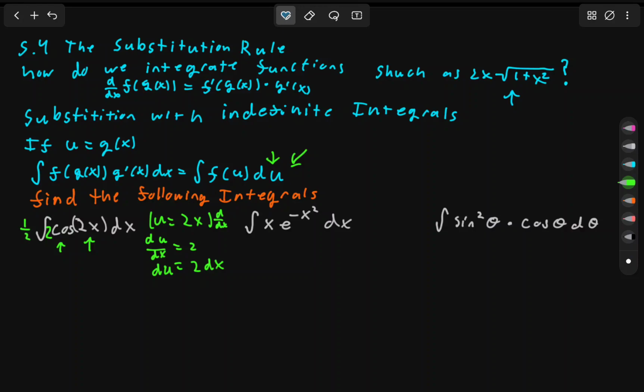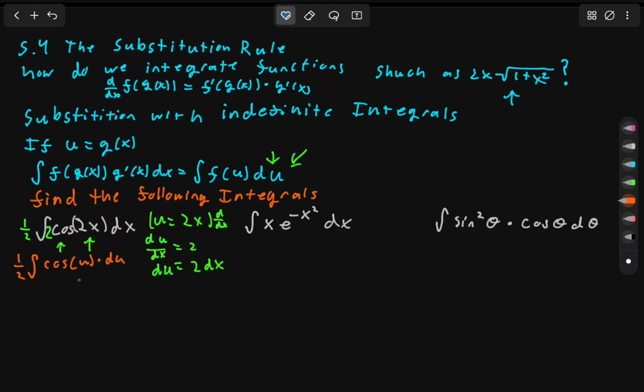So now we can do the u sub like we were intending to. So this integral is going to become 1/2 the integral of cosine of u times the differential du. Alrighty.